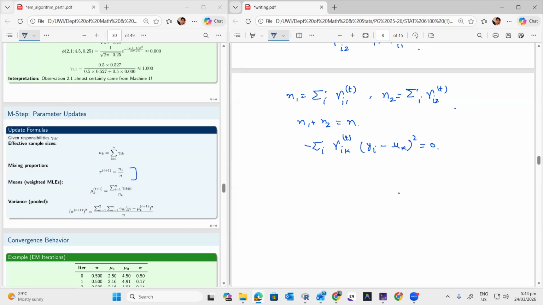When you find the derivative with respect to mu, it comes in such a manner. After simplifying, mu k is the summation of gamma ik into yi divided by nk, because we know the unbiased estimator of the population mean mu when x follows the normal distribution is x bar, that is summation xi divided by n. From there it comes, but because we have the gamma ik here, that will multiply with the yi.